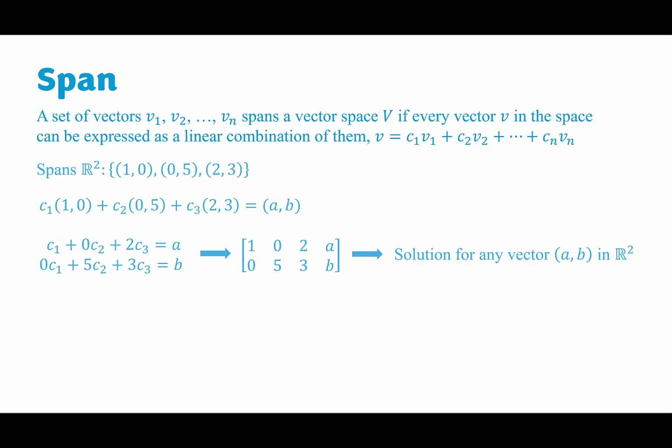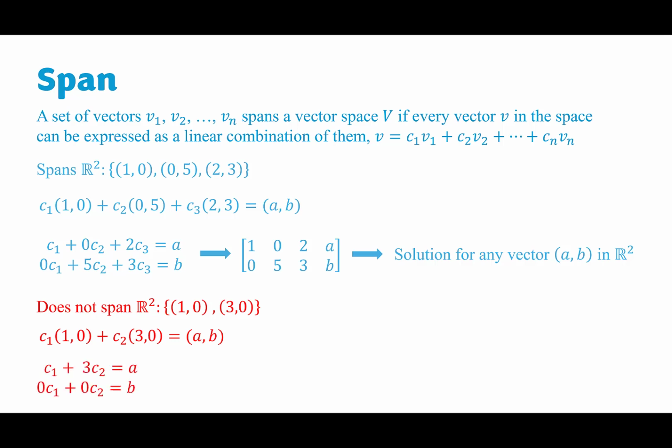All right, an example of a set of vectors that does not span R2 would be these two vectors, (1, 0) and (3, 0). Right? Because think about scaling and adding up those two vectors. Can you find some C1 and C2 such that you get an arbitrary vector (A, B) in my space R2? Well, we can do the same thing, right?